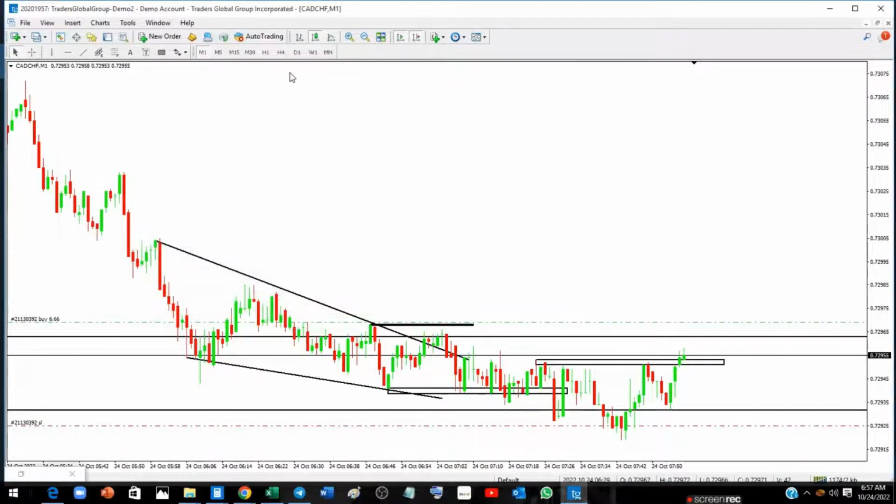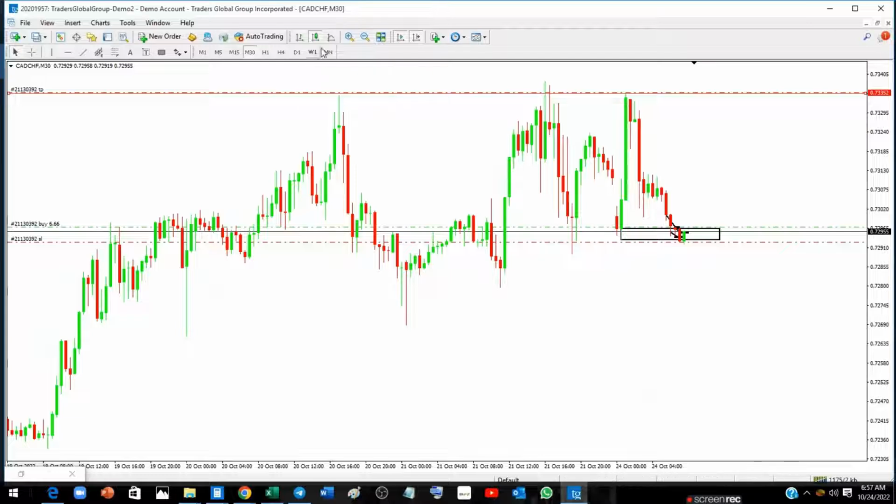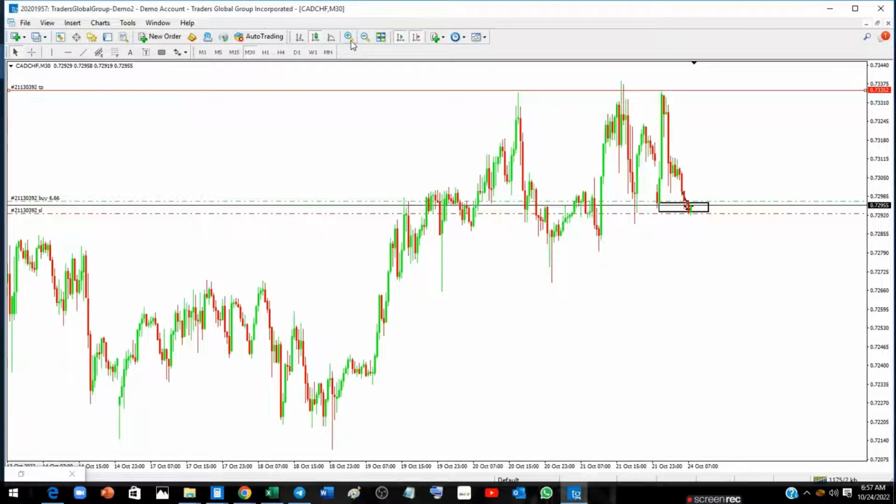Man, the spreads on this thing are high. Okay, so our stop loss is about 200 pips, $200, and our target is around $2,500 for about 400 pips right there.